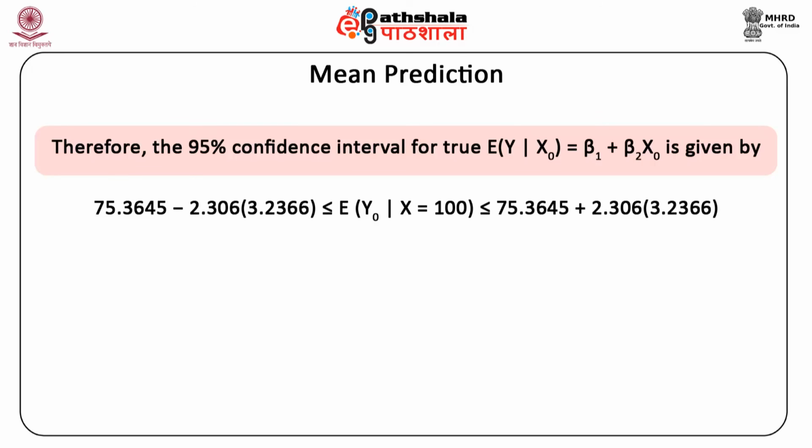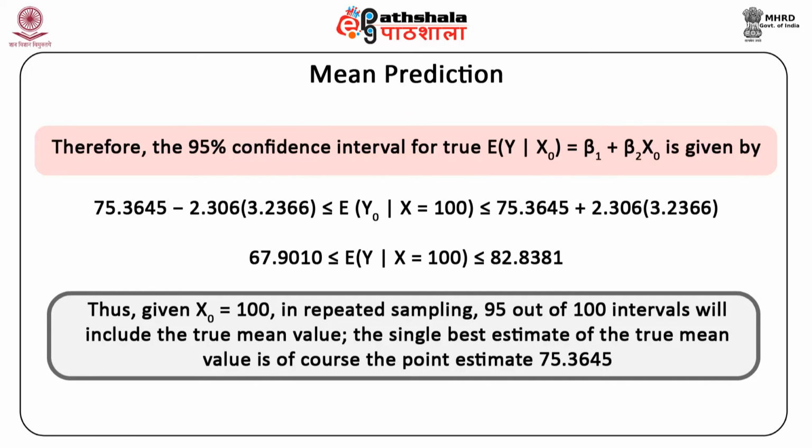So that gives us the interval of 67.9010 and 82.8381. Thus, given x0 equal to 100, in repeated sampling, 95 out of 100 intervals will include the true mean value. The single best estimate of the true mean value is, of course, the point estimate 75.3645.